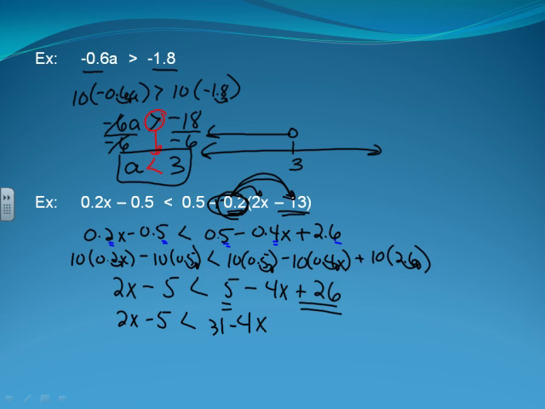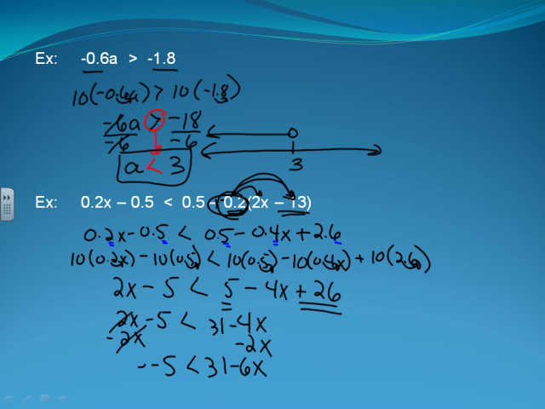Remember I said it doesn't matter which side you decide to move your x's to or your constants. So I'm going to choose to put my x terms on my right-hand side by subtracting 2x and removing it from the left. So subtraction never changes the sign, so we have negative 5 is less than 31 minus 6x.